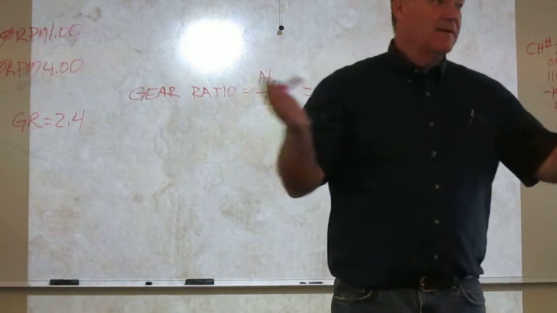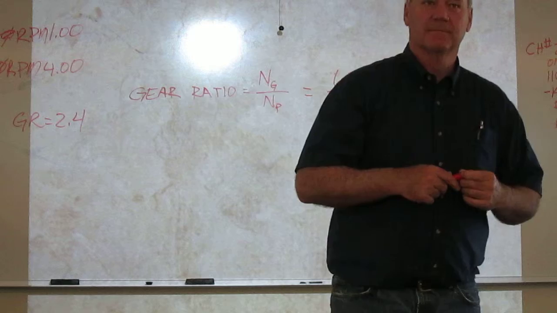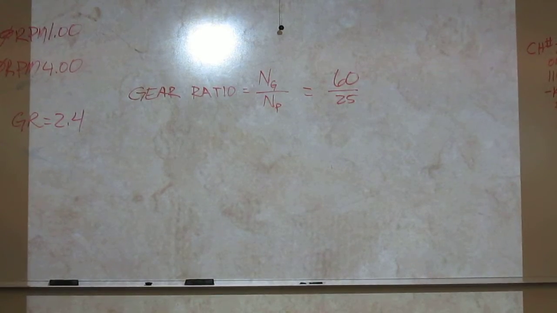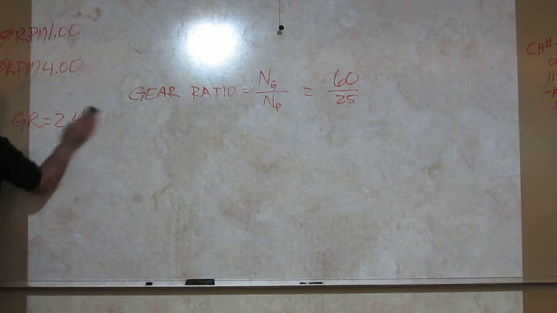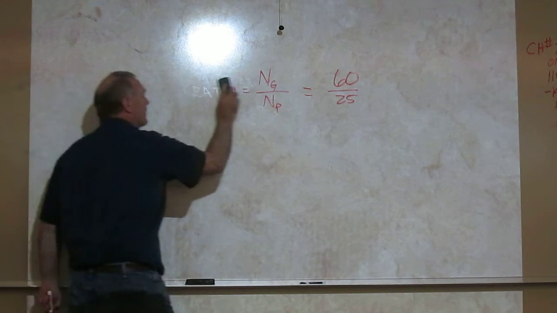Well, they're all interconnected. They're all proportional. So it'd be 4 to 1. Same deal. Just keep in mind that we do need to calculate gear ratio because it's telling us speed. But we can do it off a variety of things because everything's proportional.